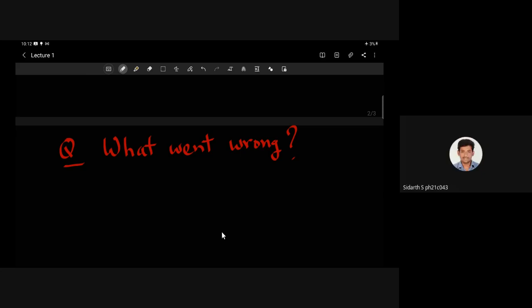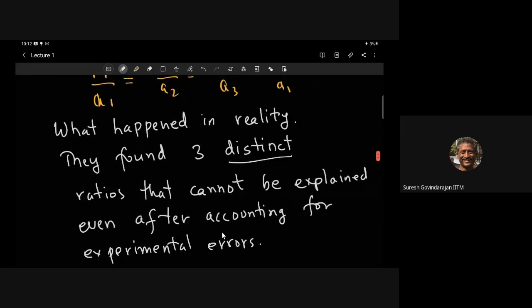Maybe there could be some unbalanced force? No, the forces were measured properly. The acceleration also was measured properly, with some experimental errors, but both were measured properly. So it's not an error in measurement. That's what I meant by saying it cannot be explained even after accounting for experimental errors.